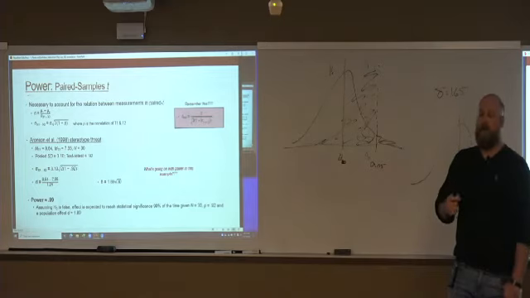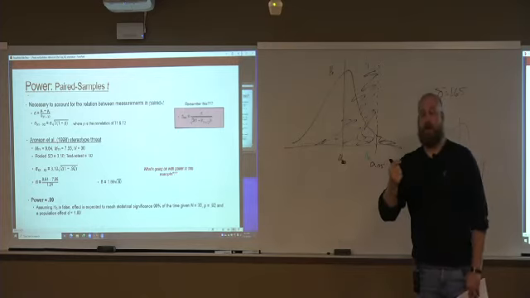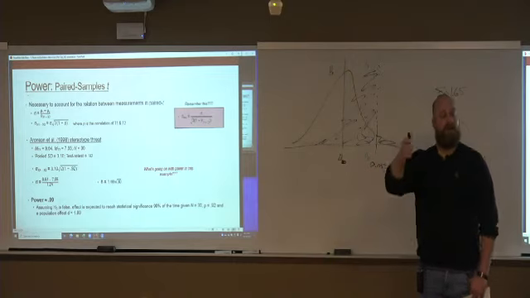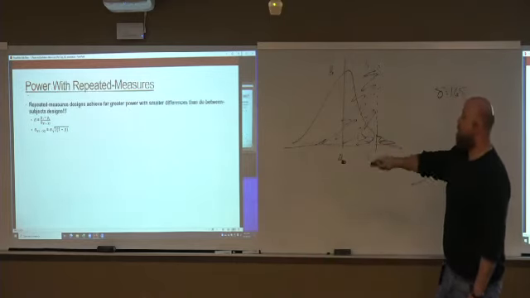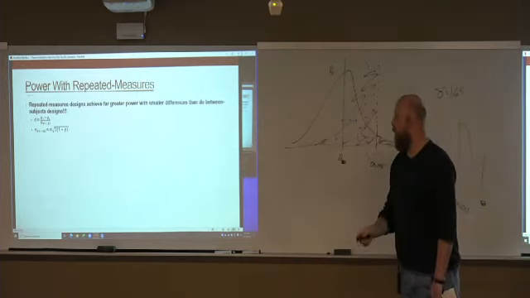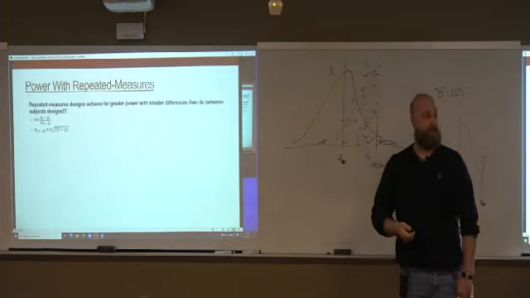Just one, right? So even though we're finding a smaller mean difference across these, our power is hugely up through the roof. Repeated measure designs are going to have far greater power with smaller differences than our between samples tests, okay?